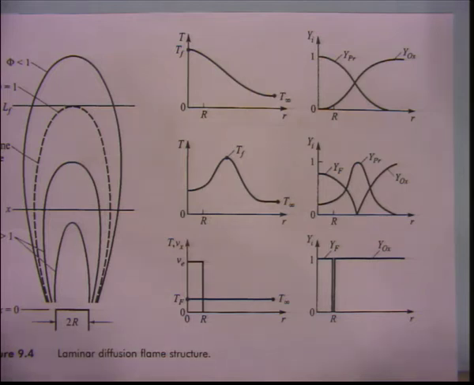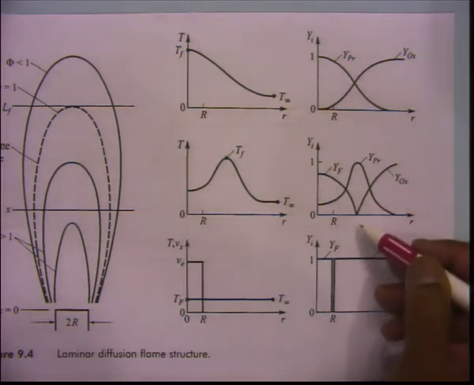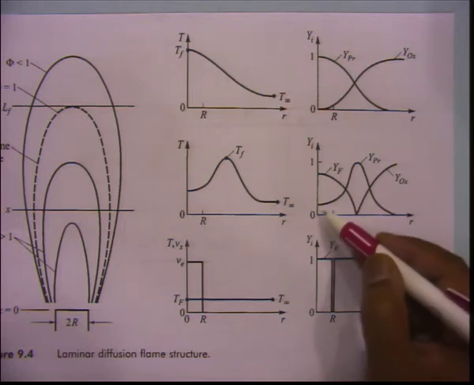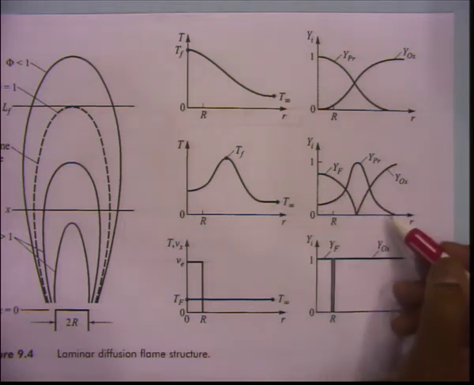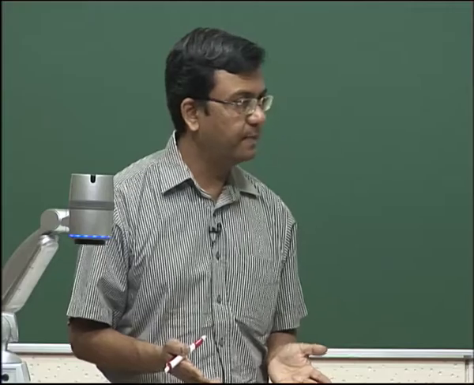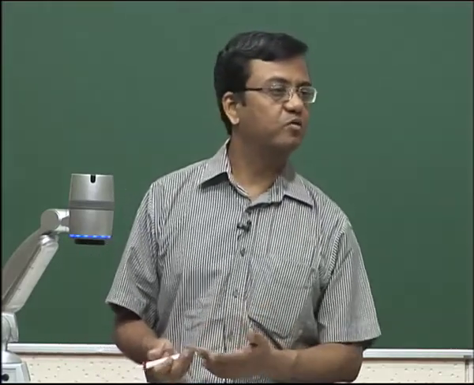We also spoke about leakage some time back. We said that if this flame were somewhat weaker, then some oxidizer would seep into the fuel side and some fuel would seep out towards the oxidizer side. We discussed all that. So that is infinitely fast chemistry, when you get a very thin flame. The main significance is that you have a clearly defined flame, and inside the flame there is no oxidizer and outside the flame there is no fuel.